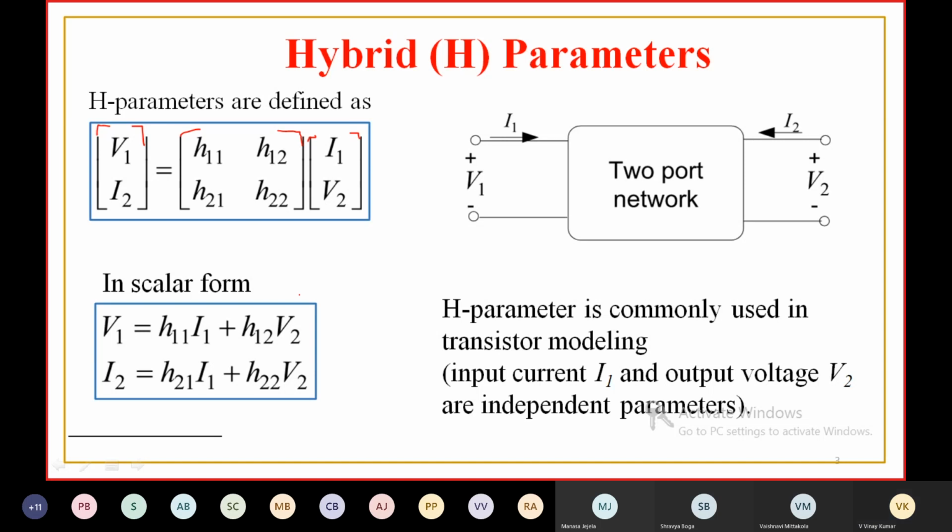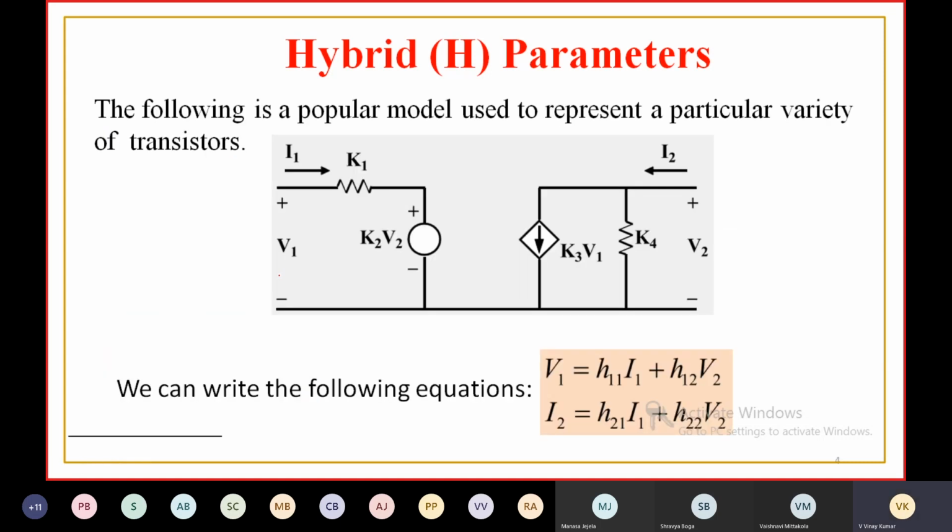So in scalar form, V1 is equal to H11 I1 plus H12 V2, and I2 is equal to H21 I1 plus H22 V2. The following is a popular model used to represent a particular variety of transistors.